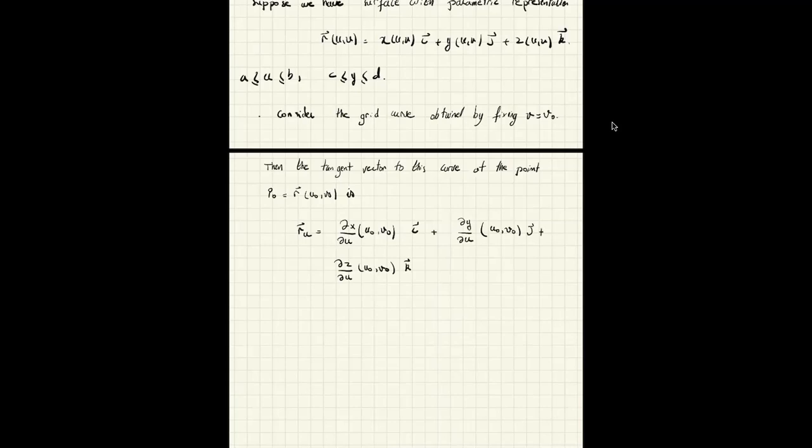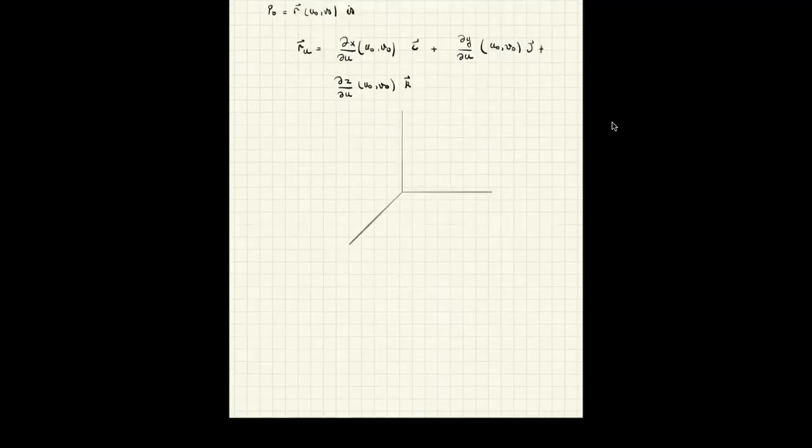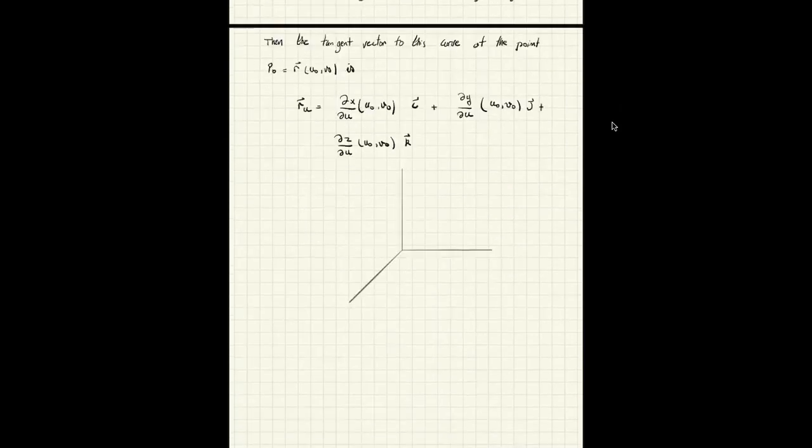So the diagram here shows the surface with this shape, and you have the two grid curves here.